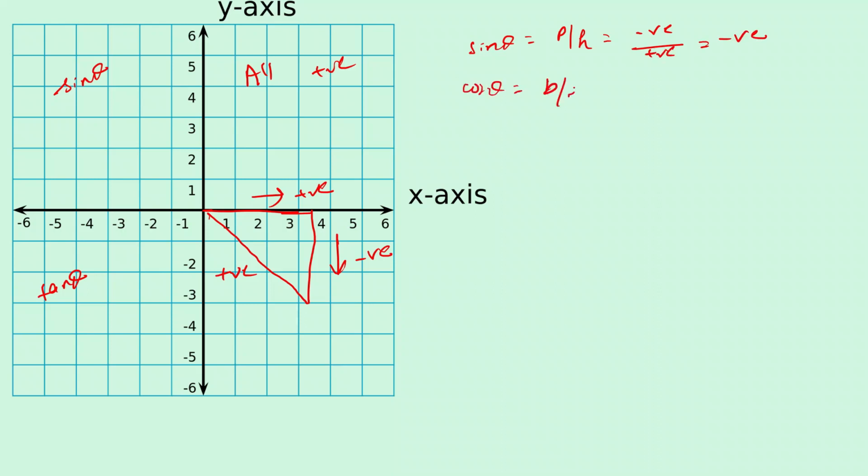Cos theta is base by hypotenuse, base is positive, hypotenuse positive, so cos turns out to be positive. And tan theta is perpendicular by base, perpendicular negative, base positive, so negative. So in the fourth quadrant only cos theta is positive, and the rest, sine and tan, are negative.